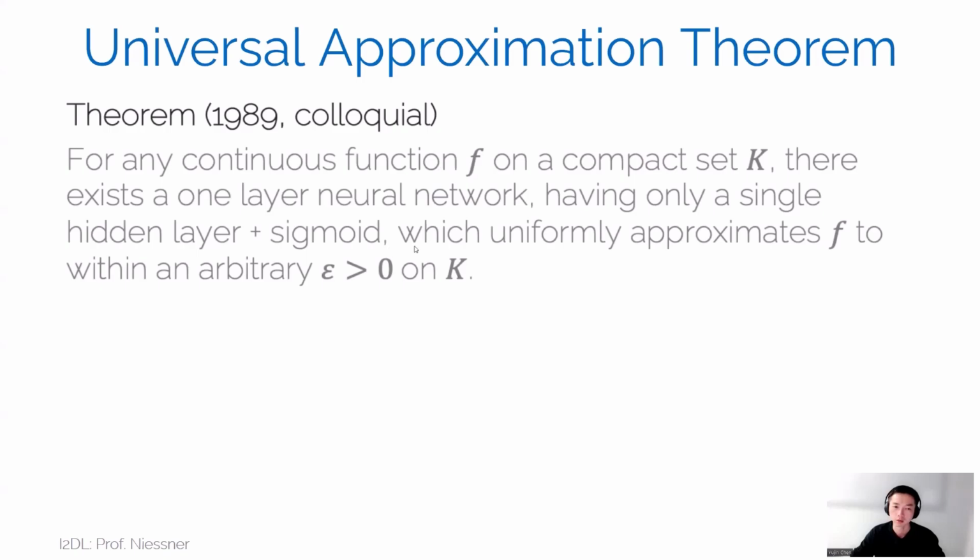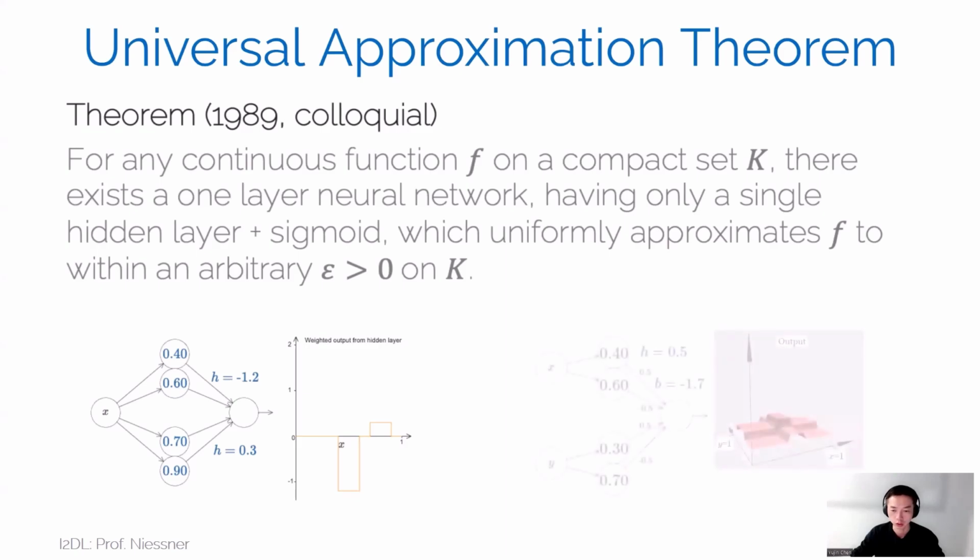This neural network can uniformly approximate the continuous function to within an arbitrary precision. Here are some examples, like a single input with a one-dimensional output, or a two-dimensional input with some nodes in the hidden layer, and then a one-dimensional output.